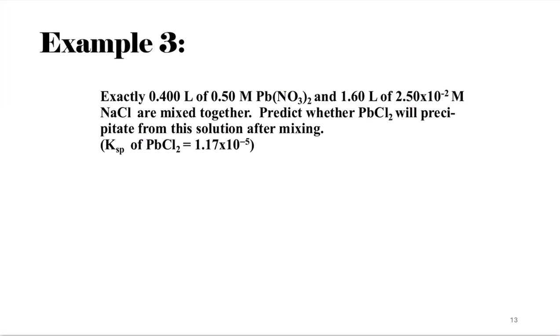Predict whether lead chloride will precipitate from the solution after mixing. You're given the KSP, or the equilibrium constant, for lead chloride. The first thing you want to do is write the dissolution reaction, then think about what concentrations you're given, how those relate to equilibrium concentrations, and how you can determine which direction the reaction is shifting.